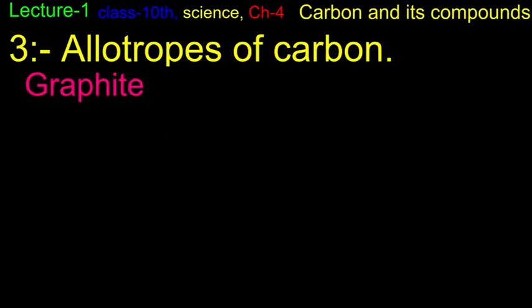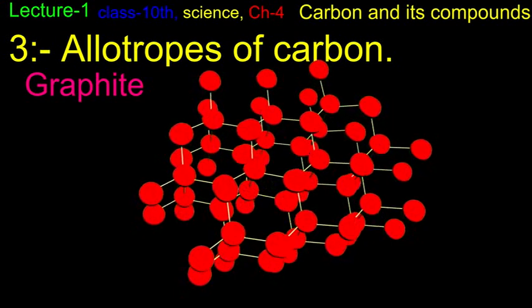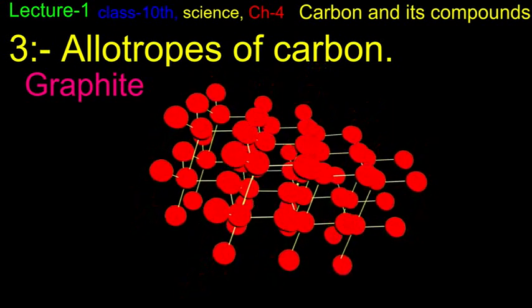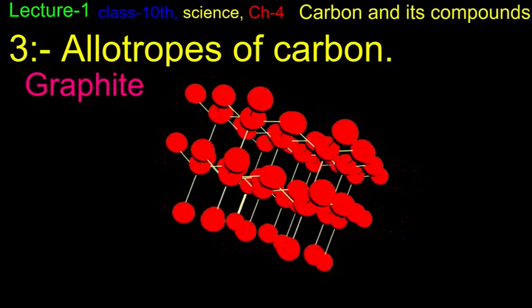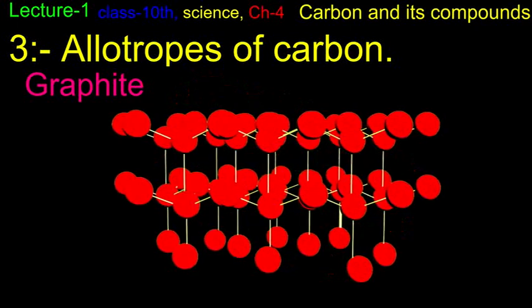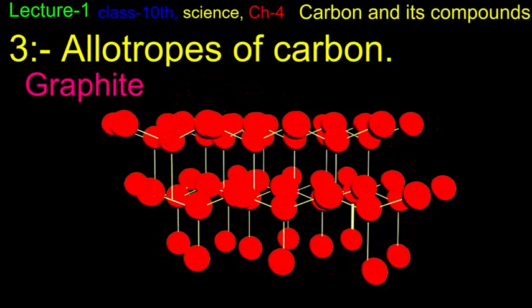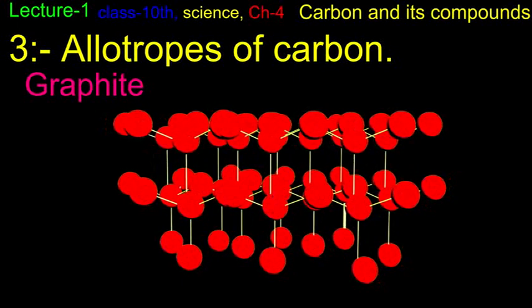In graphite, every carbon atom is bonded to three other carbon atoms in the same plane so that a hexagonal structure is formed. These layers are placed on each other and these layers can slide because of one free electron from every carbon atom.